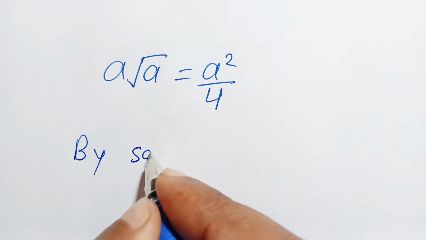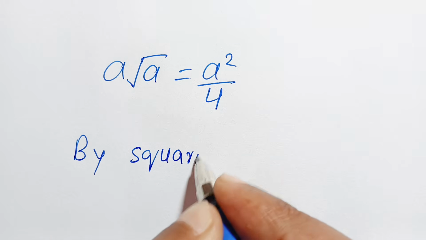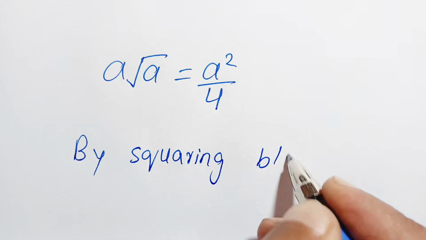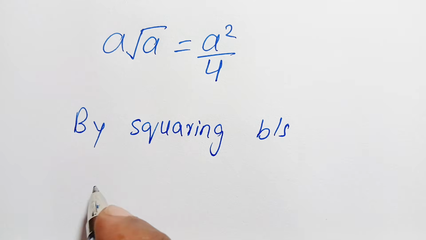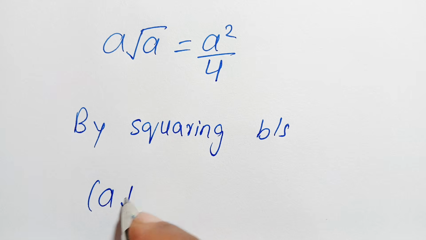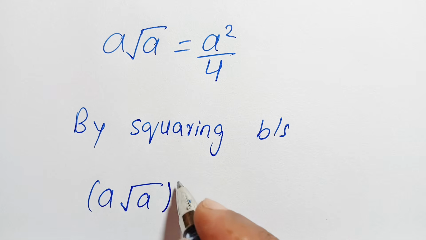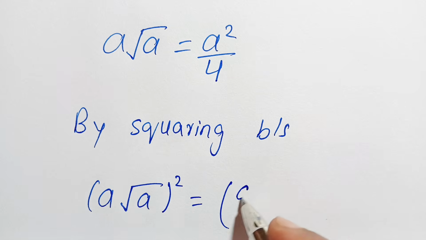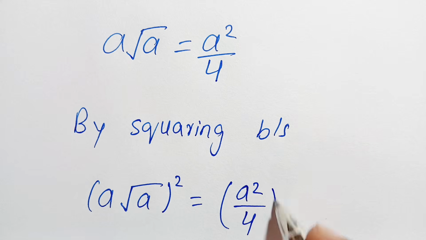Again by squaring both sides, this becomes (a times square root a) whole squared equal to (a square by 4) whole squared.